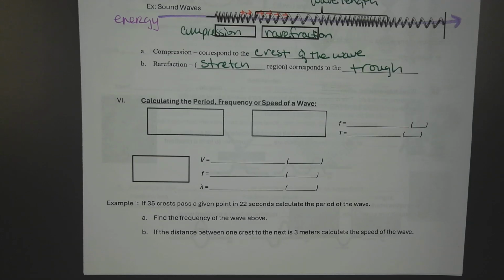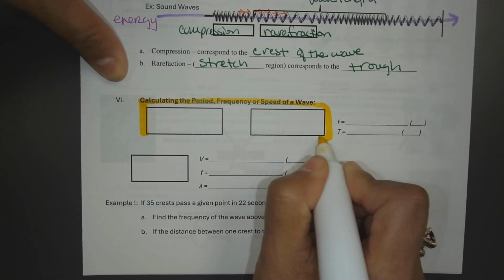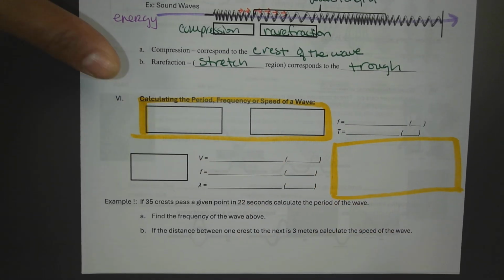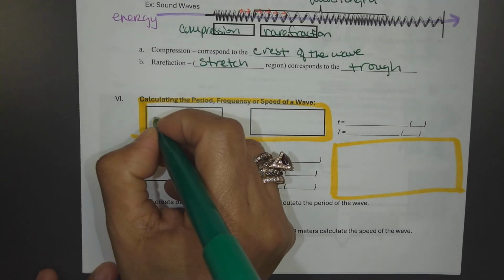I like to highlight the part of the notes for you to fill in, but I also like to highlight the section that is a memorized equation. The great thing here is that these equations are the same ones that we talked about when we talked about circular motion in the first semester. So it's not a new one, it's just an old one that's coming back.